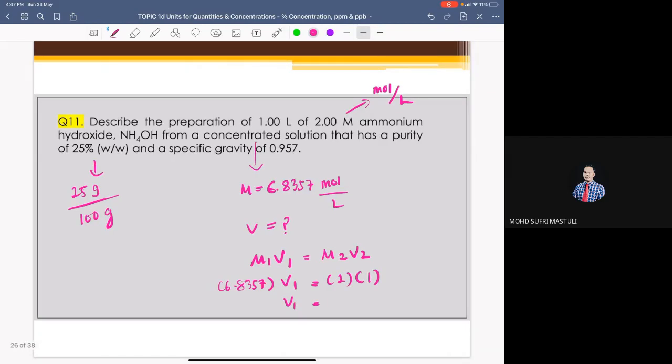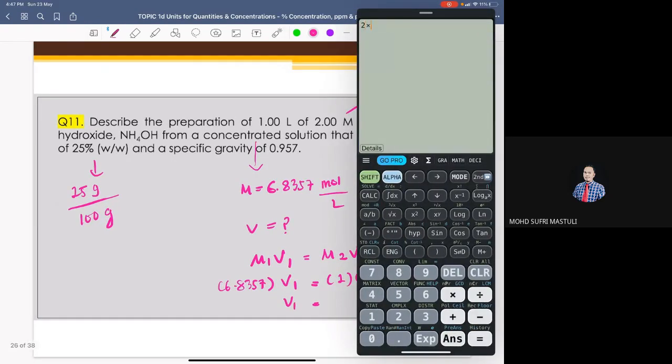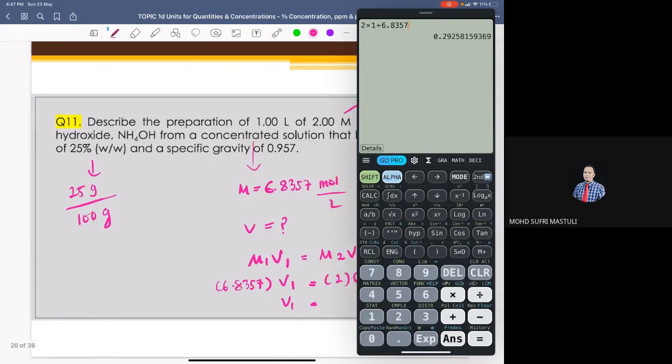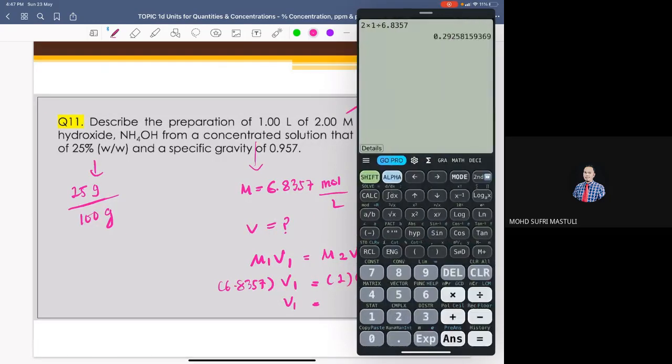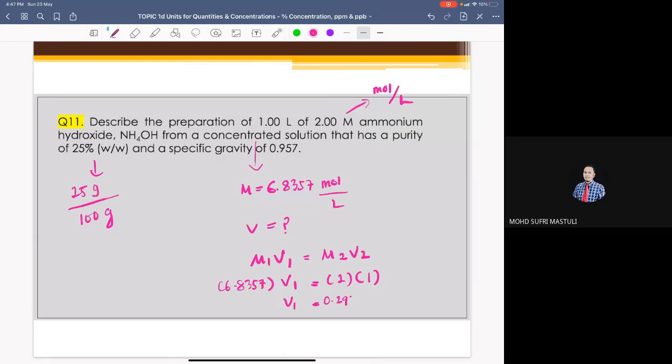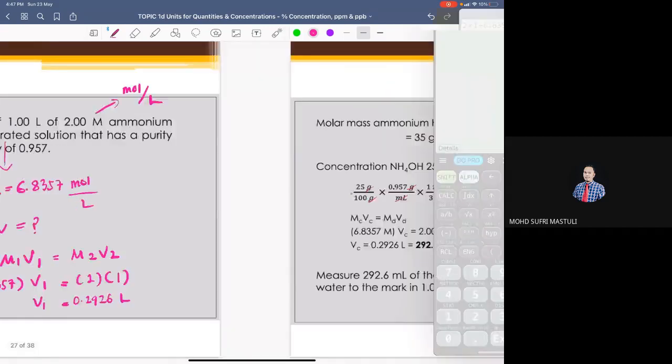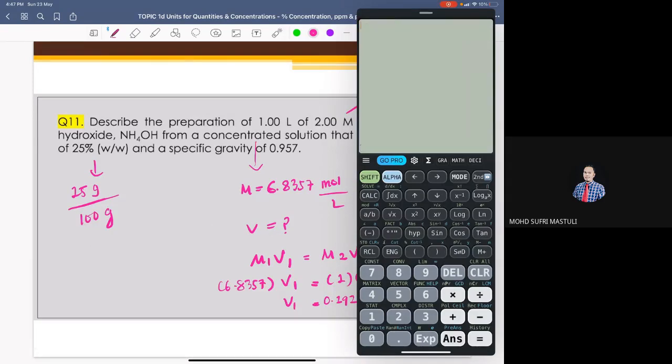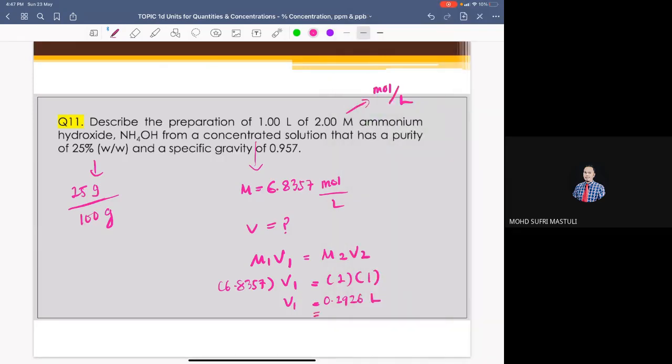So V1 should be 2 times 1 over 6.8357. So it's 0.2926 liter, times 1000 ml per liter, so it's 292.6 ml.